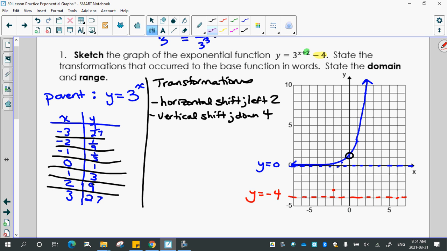Then I'm going to shift this point. So I'm going to shift it left 2 and down 1, 2, 3, 4. I always do my whole number ones first because they're easier, and then I do my crazy decimal ones after. So left 2, down 1, 2, 3, 4.